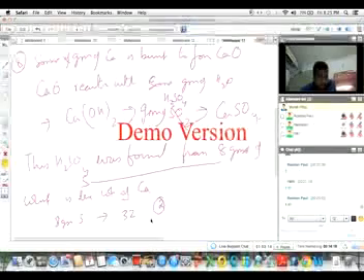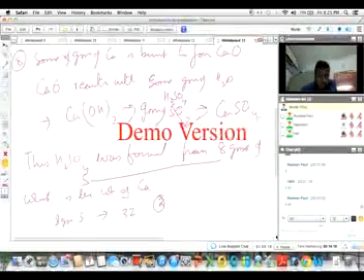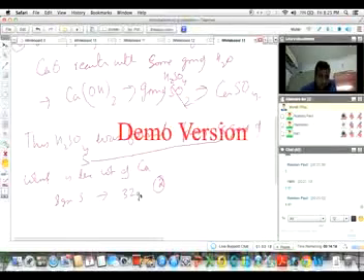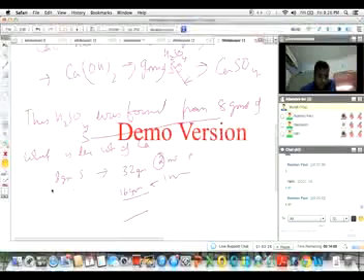So 32 grams of sulfur will require 2 moles of electrons. So for 1 mole of electrons I need 16 grams of sulfur, but I have 8 grams of sulfur. So 8 grams of sulfur is half an equivalent of sulfur. Do you understand this? Half an equivalent.